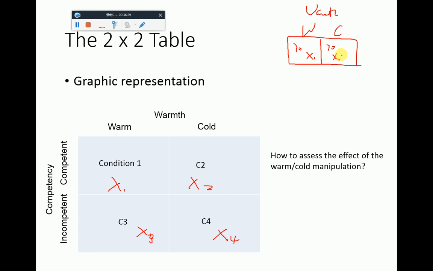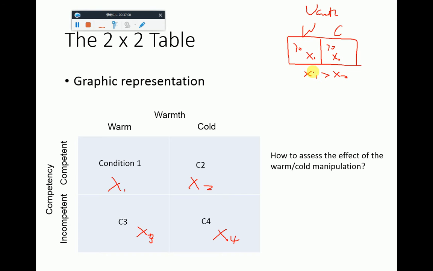So with this design, it's very easy, right? To know whether or not this warm-cold manipulation will produce any difference in Aaron's perceived friendliness, we'll simply compare these 2 averages, right? We want to see whether x1 is higher than x2.